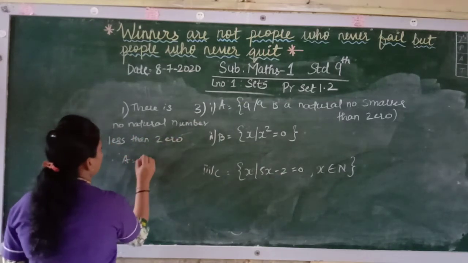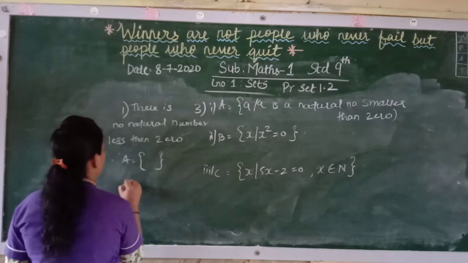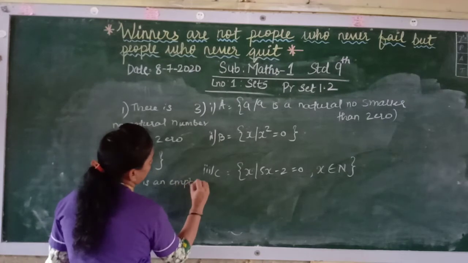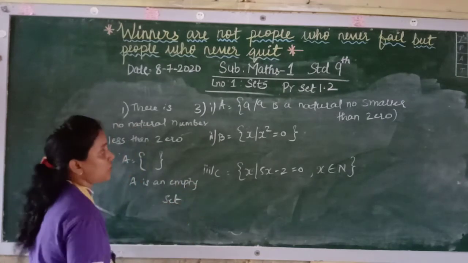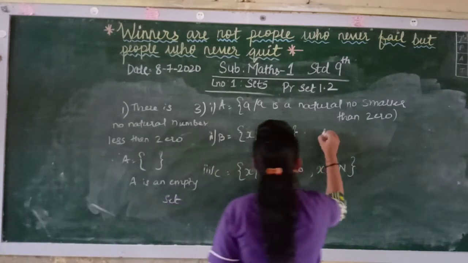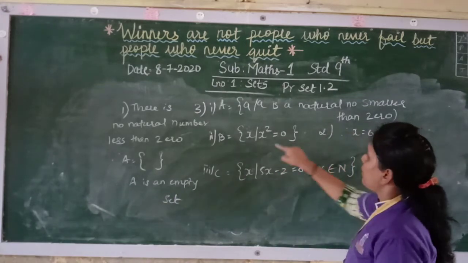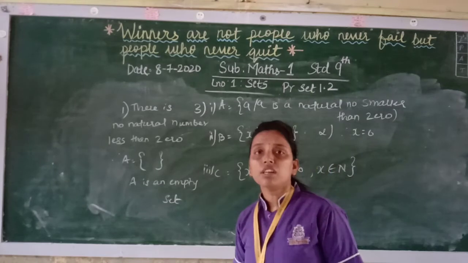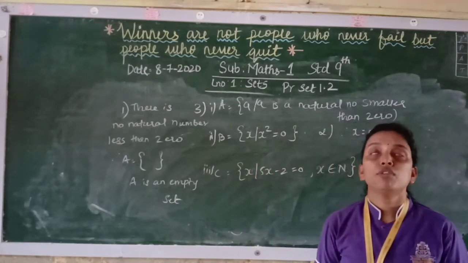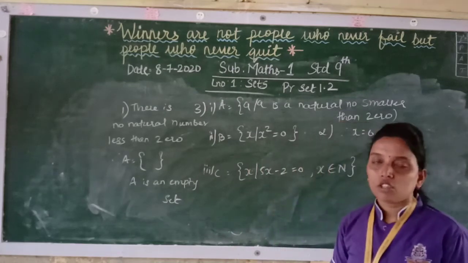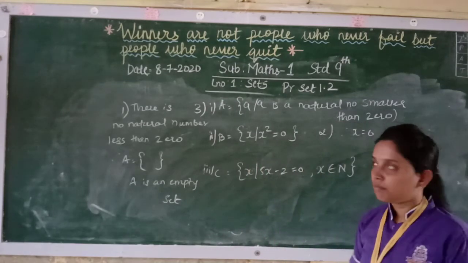Therefore your A is an empty set. I hope you are understanding. Now see the B, second one, what you will get? Now see here, x is 0. If you take 1, it will be 1 square is 1, 2 square will be 4.